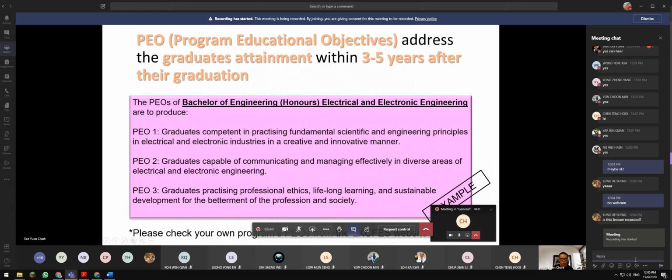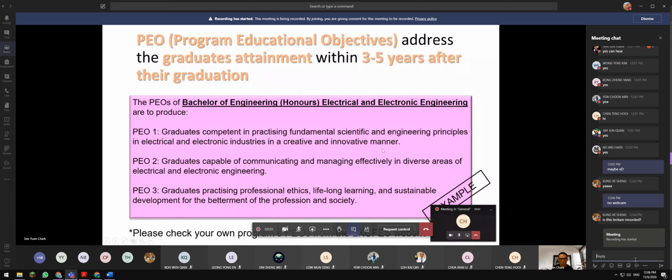So what is a PO? This is the PO of 3E. This is an example. For Mechatronics, probably your PO might be different. So basically, PO1 is that graduates are competent in practicing fundamental scientific and engineering principles in the electrical and electronic industry in a creative and innovative manner.